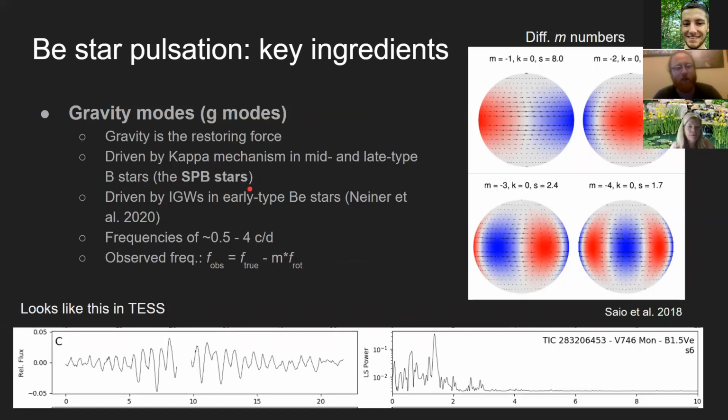But in the hottest BE stars like B0, B1, gravity modes are still observed, and they might be driven by these internal gravity waves instead of the kappa mechanism. Usually these g-mode pulsations are observed at lower frequencies, and different azimuthal orders like m equals 1, 2, 3 affect the observed frequency that we actually see in a light curve.